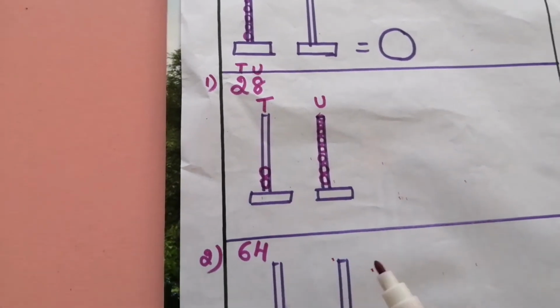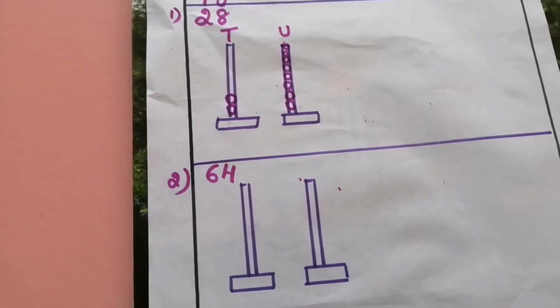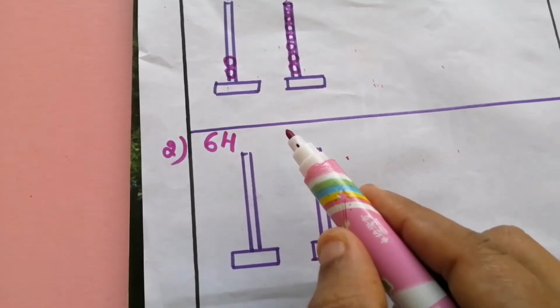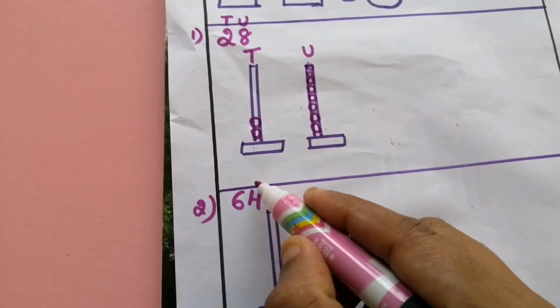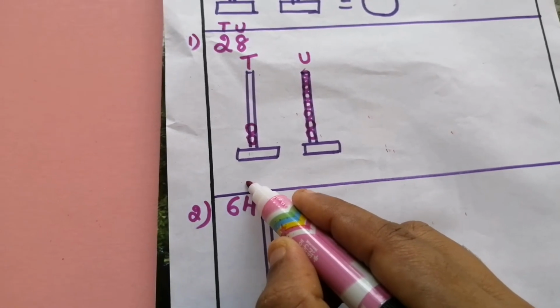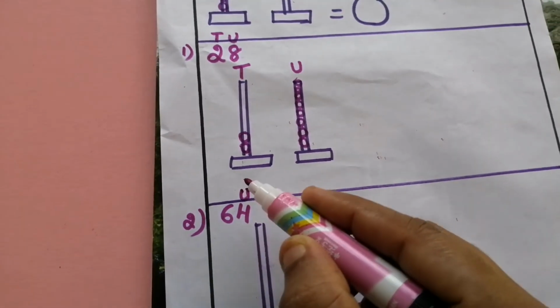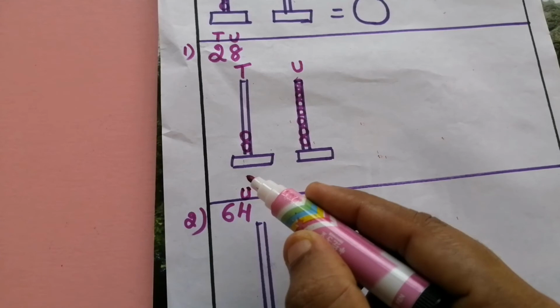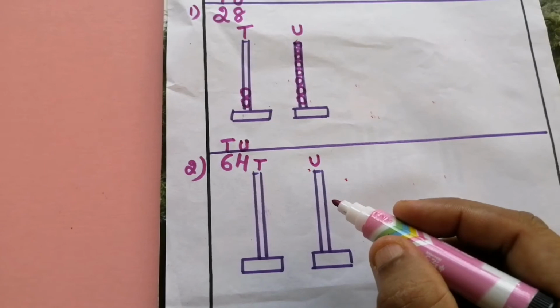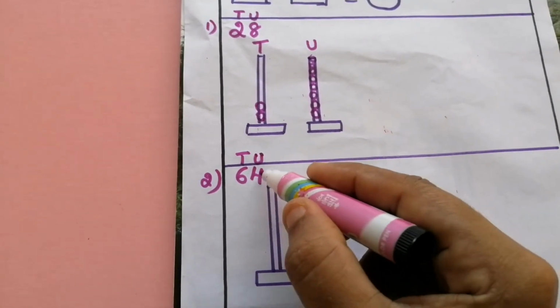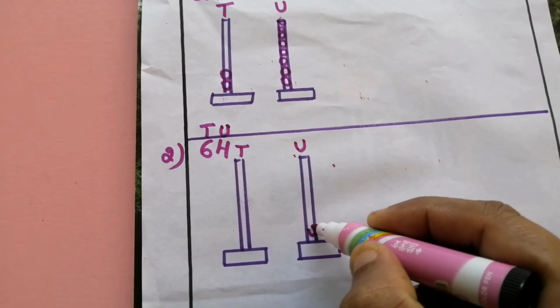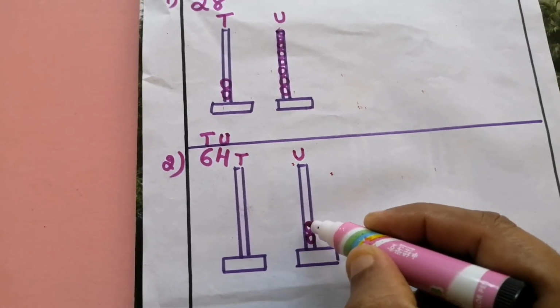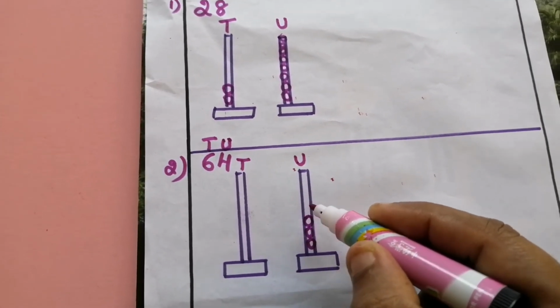Let's take next 2-digit number 64. Here 4 is in ones place or units place and 6 is in tens place. So we have to draw 4 beads in units place. 1, 2, 3, 4.